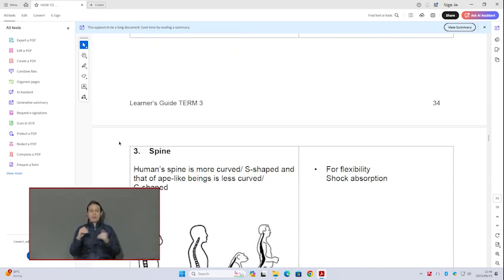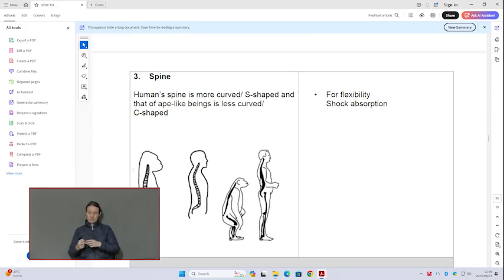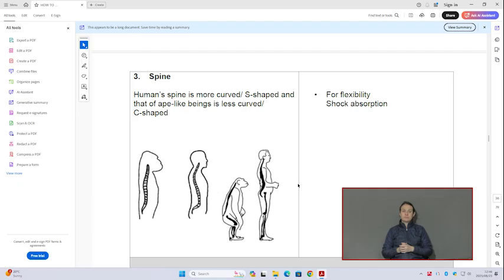Then the third one that we look at is the spine. Here are different spines. This is humans. The shape of the spine is S-shape. Whereas for other primates here, it makes what? A C shape. Now, what is the significance for us to have an S-shaped spine?